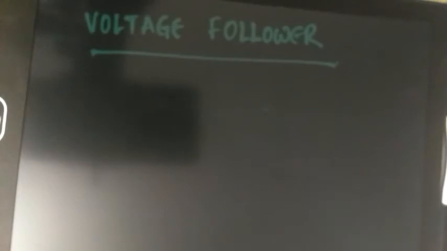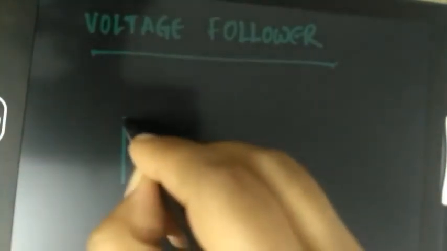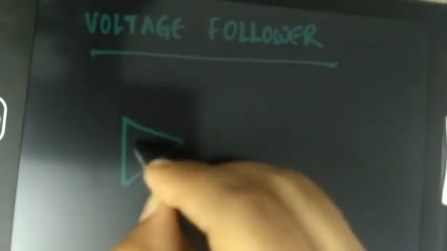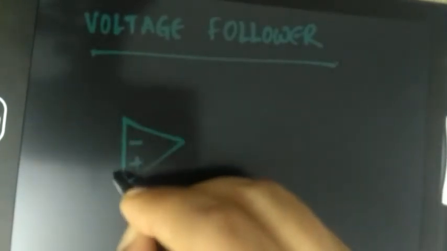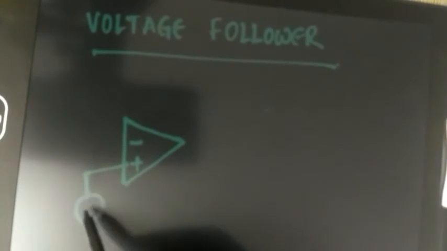Okay, so this circuit actually follows from the non-inverting amplifier. In the case of a non-inverting amplifier, we apply the voltage at the non-inverting terminal, that is pin number 3.